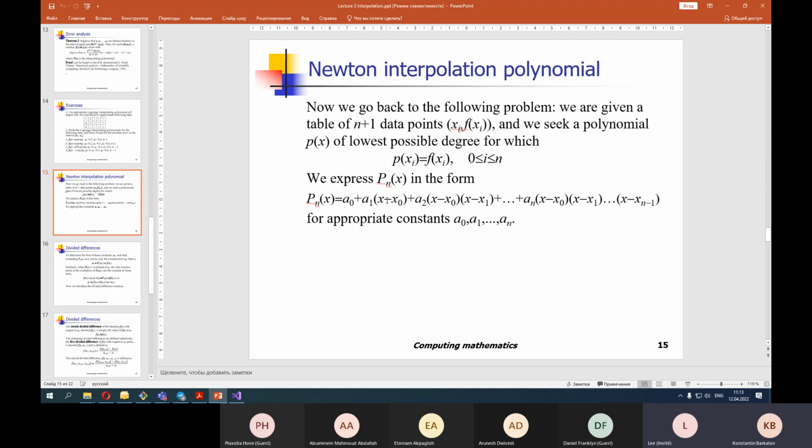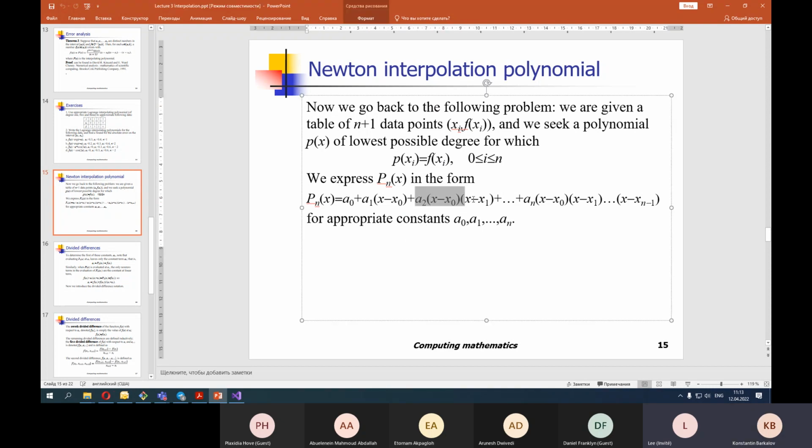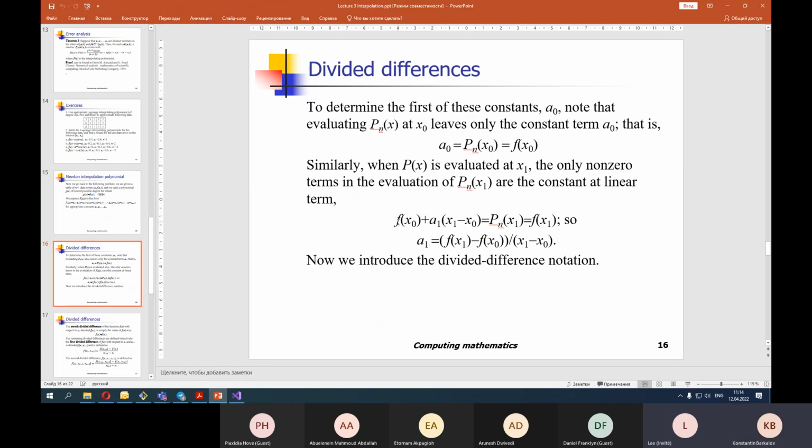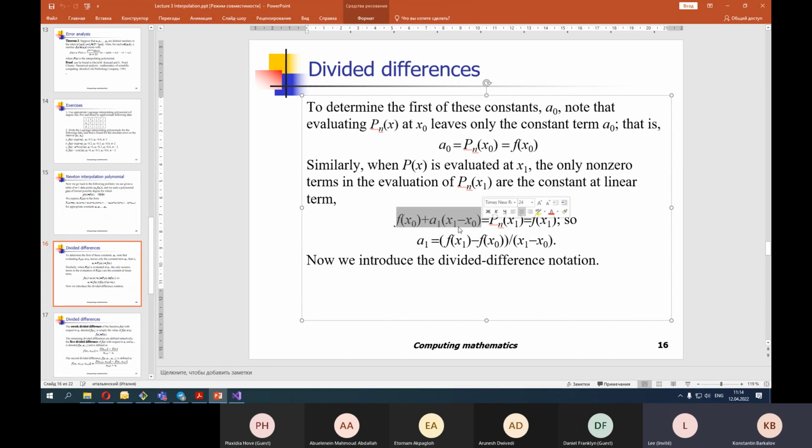Now suppose that I use x equals x1. What does it mean? It means that all of the terms starting from this one will be zeros, as far as x1 minus x1 equals 0. All of these terms will be zeros. Only the first two terms will be non-zero. And these two terms are written here.